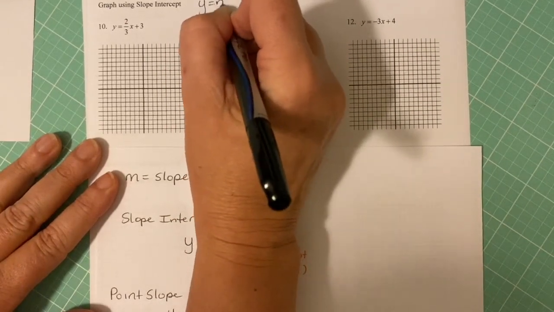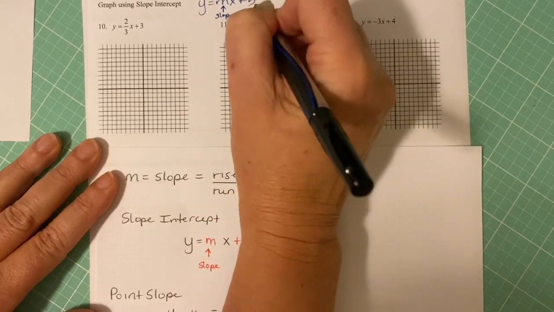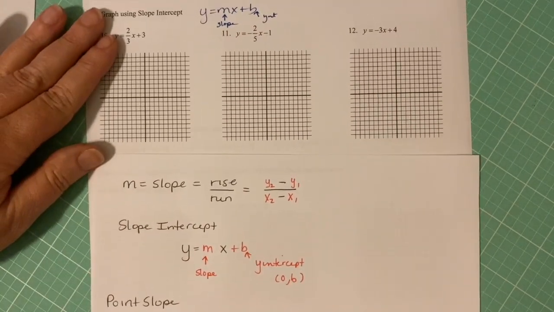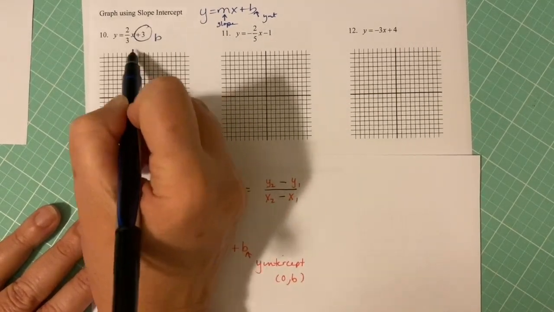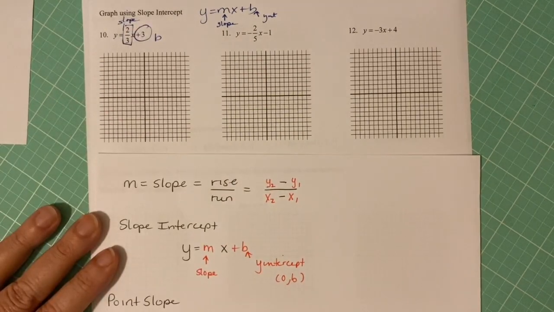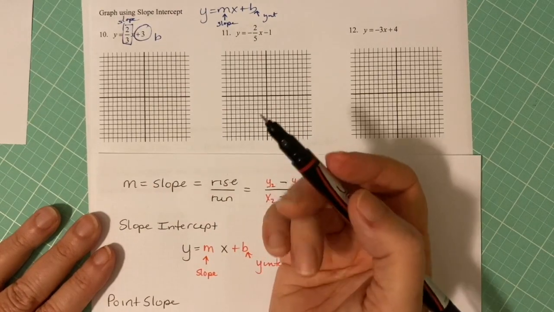So y equals mx plus b is our formula, where m is our slope and b is our y-intercept. So when we compare this to this one, this is my b and this is my slope. So b means y-intercept.